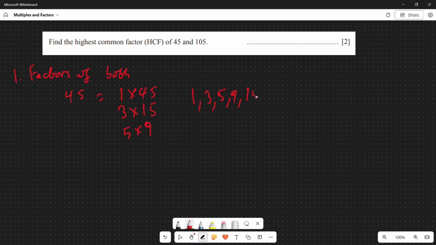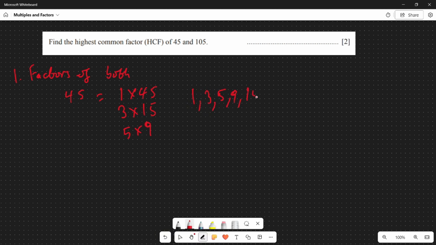So second one is 105. So 105 equals normal 1 times 105. Then when you divide it by 3, that will give you 35. When you divide it by 5, that will give you 21. When you divide it by 7, that will give you 15.